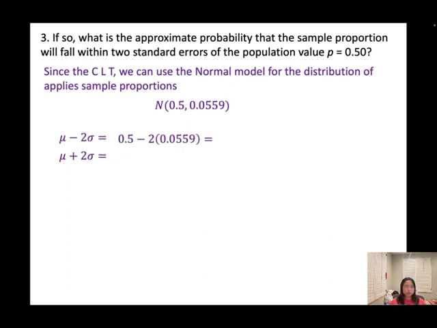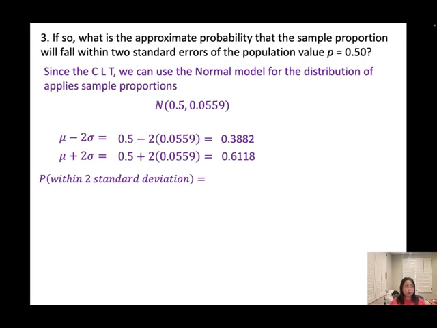Okay, plug it in. You should get 0.3882 and 0.6118 here. So what is the probability that the sample proportion will fall within 2 standard errors? We're going to use the normal CDF, right?